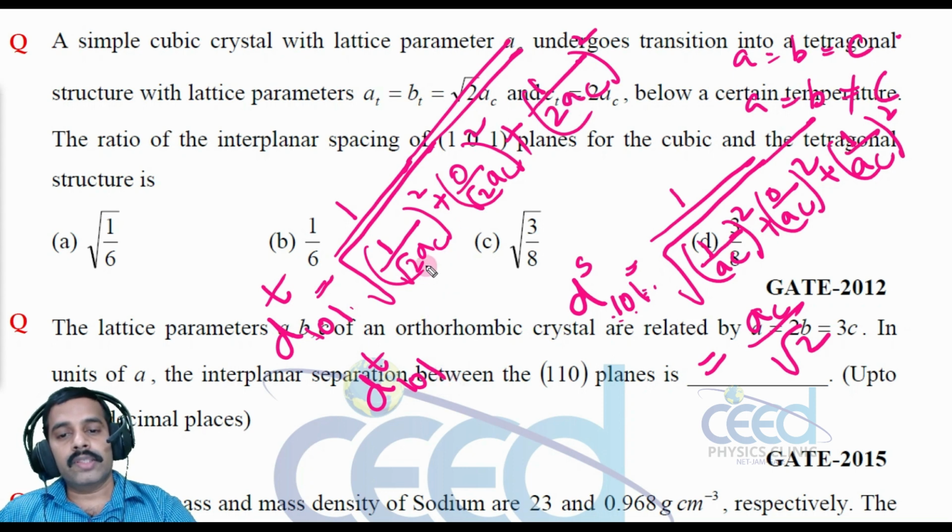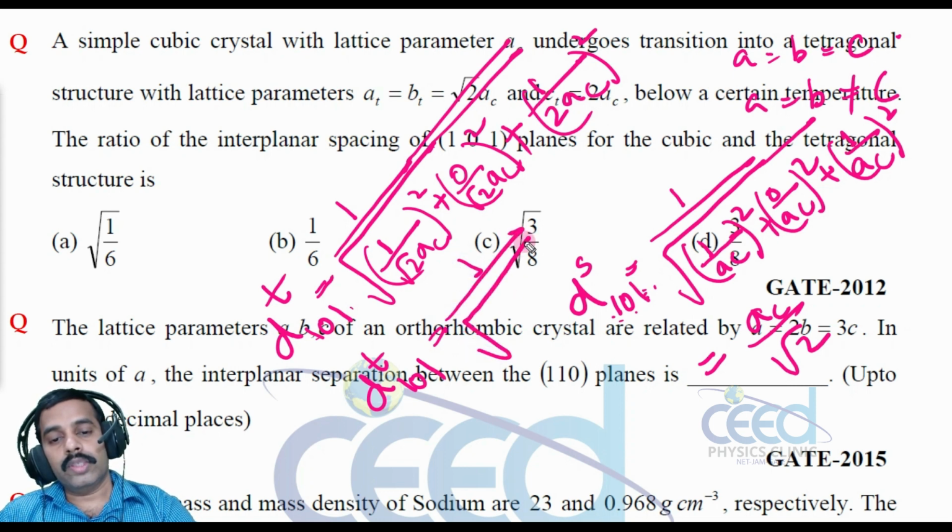So here we have 2 AC the whole square, that is 4 AC square, right? So here we have 2 AC square, so we can take a common denominator. We can write this as 1 by root of 1 by 2 AC square plus 1 by 4 AC square.